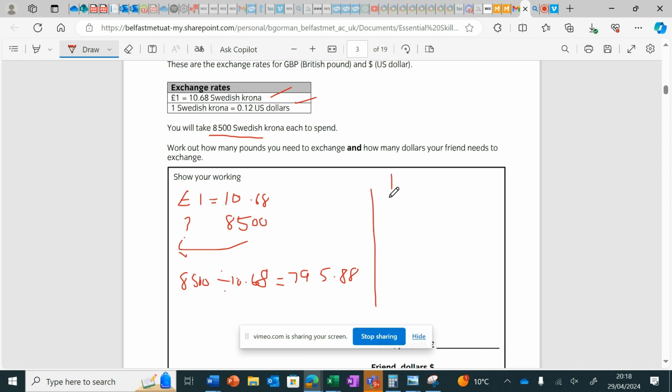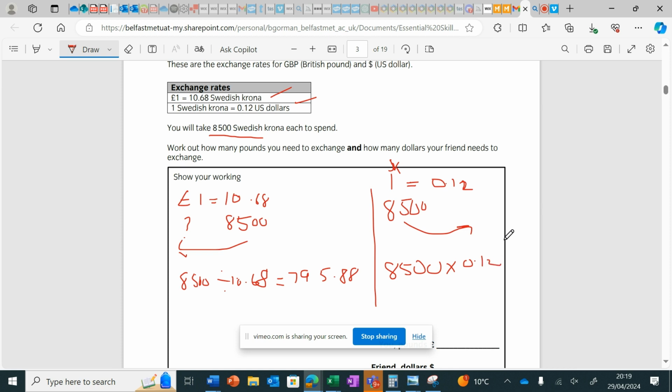Next, we have the dollars. So again, 1 Swedish krona equals 0.12 dollars. So I'm going to do 8,500. And this time we're going this way. This side is 8,500 times bigger, so expect this to be 8,500 times bigger as well. Going forward, we're multiplying. So it's 8,500 times 0.12.